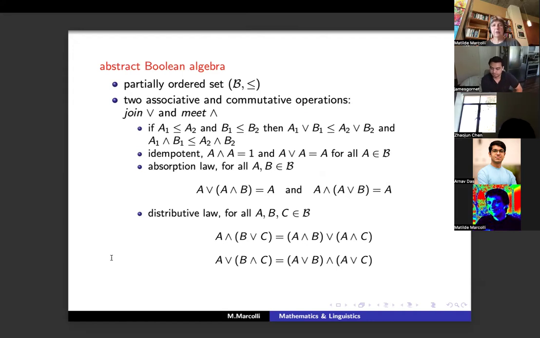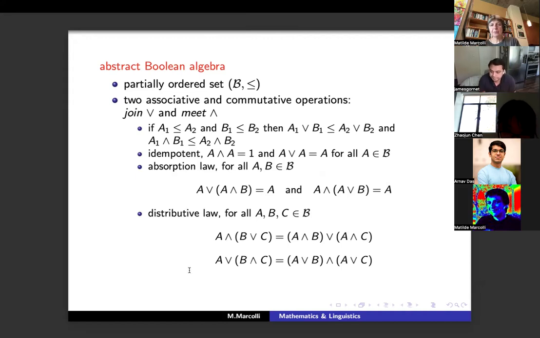They satisfy a list of properties: the way they relate with respect to the ordering, the idempotent property of both operations, the absorption law, and the distributive law. As you can see, there is a complete symmetry in the way these laws are stated between the two operations of join and meet.